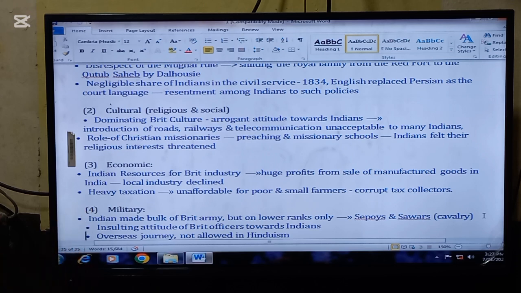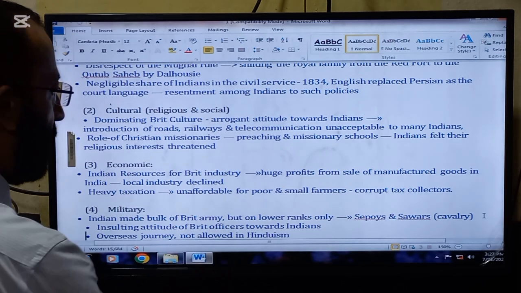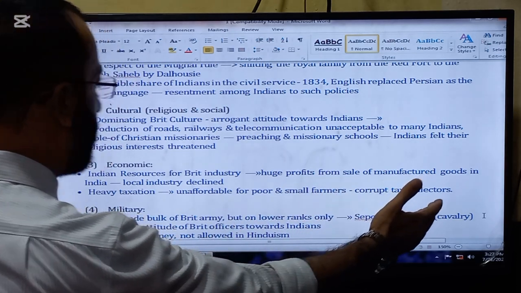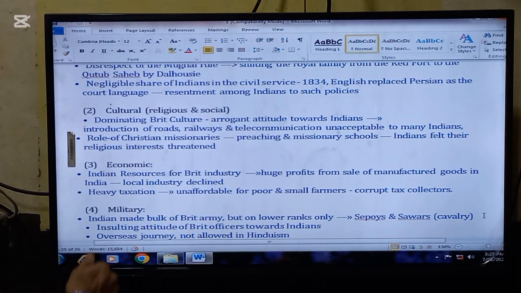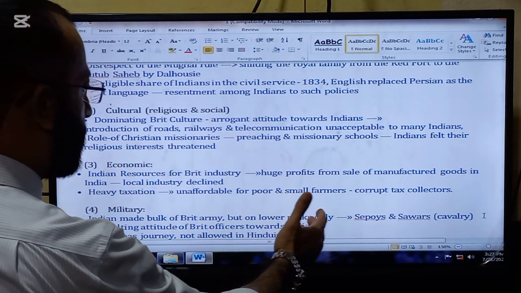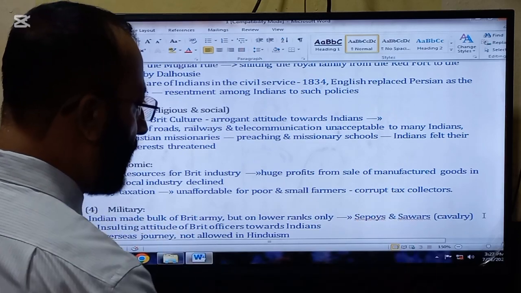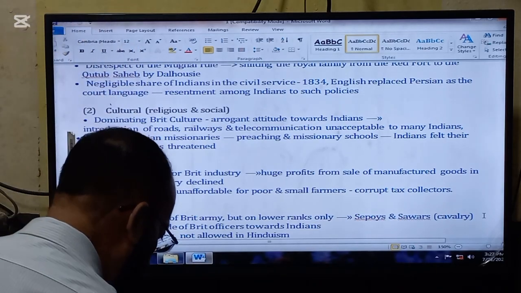Next are the economic reasons. Indian resources for British industry, huge profits from sale of manufactured goods in India. Local industry declined. Heavy taxation, unaffordable for poor and small farmers, corrupt tax collectors.